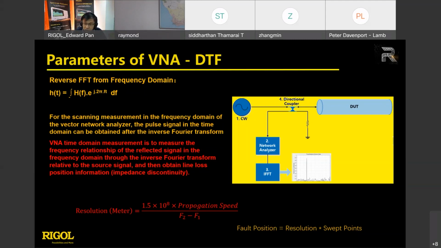So you can get the total cable length and the fault position of the cable. It is like time domain information like this. The methodology of the network analysis uses the inverse Fourier transform here.